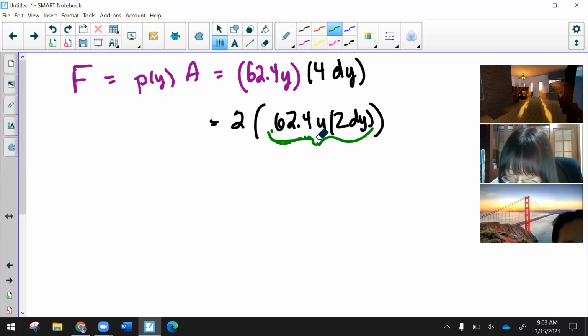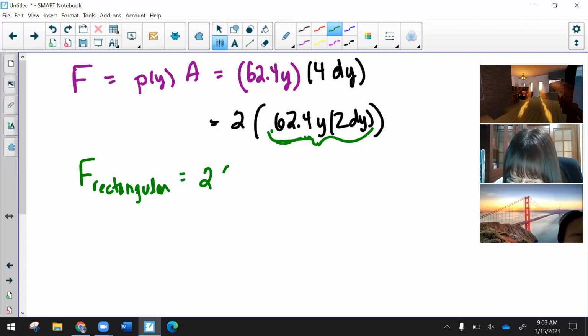Yeah, it was the force, right? So if I integrated it, I would get the force on a square side, but there's this factor of 2 out front. So I can say that the force originally on the rectangular side is 2 times the force that I found on the square side.